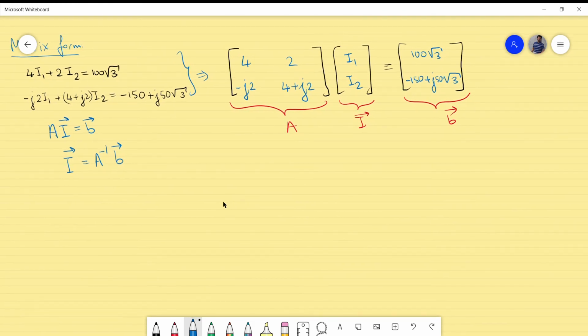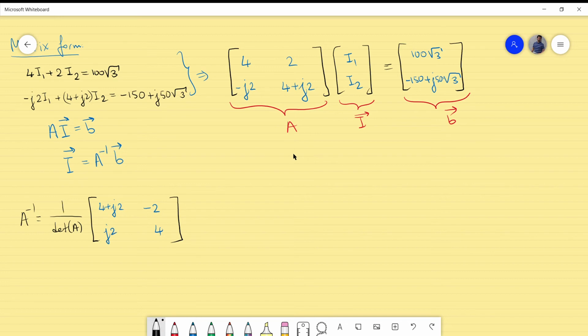The inverse of the matrix A will be 1 over the determinant of this matrix, times the following: I will swap this term and this term, so I will have a 4 plus j2 here and a 4 there, and the off-diagonal terms will have the opposite sign, so minus 2 and plus j2.